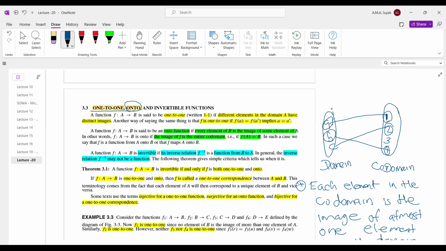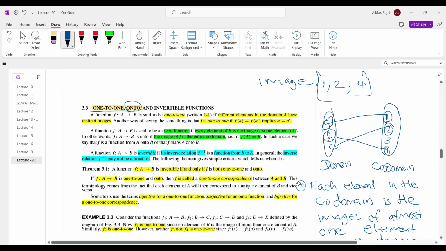Elements mean all the things. If I ask what the images are, you need to answer 1, 2, and 4. If I ask what the elements of the codomain are, you include 1, 2, 3, 4. All of them we can call codomain elements. But if I ask for images, you need to check only the elements which have a relation with the domain.